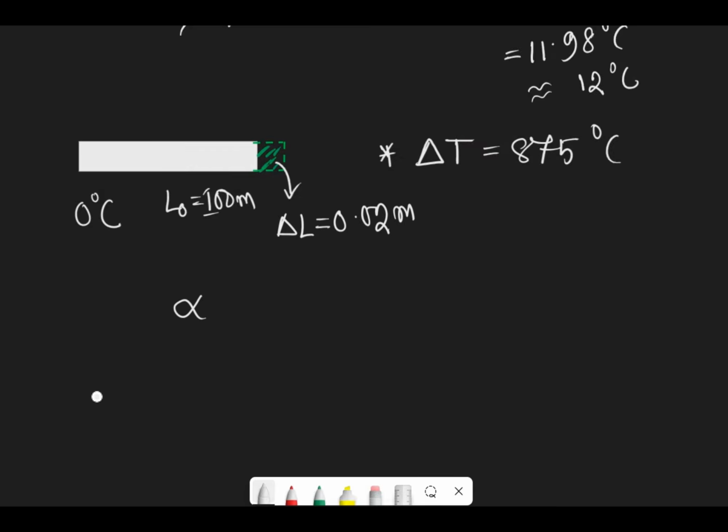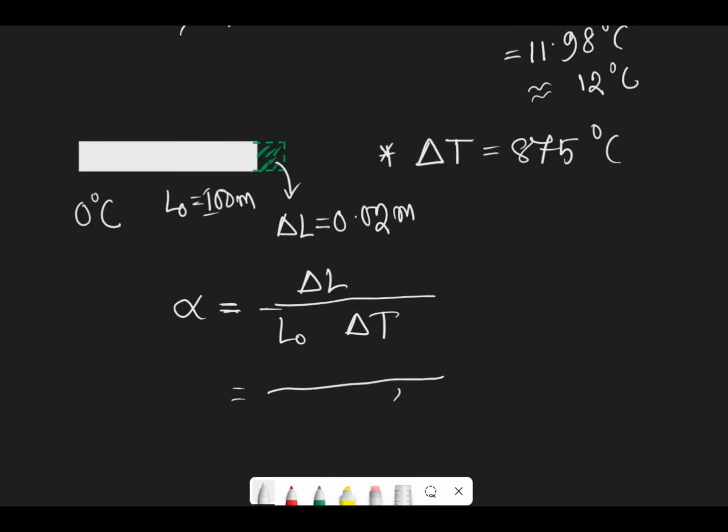and to determine the linear coefficient, for aluminum it is equal to del of L over the initial length and the change of temperature. And here the temperature is much higher than the previous rod.